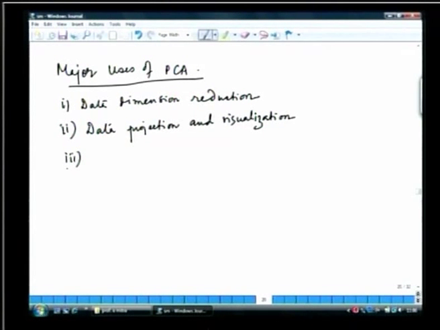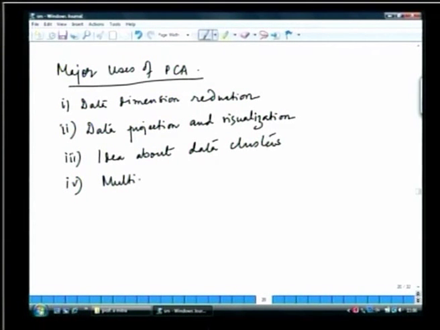The third one is that once we project the data, certain features of the data become apparent to us. We can see formation of data clusters, the various groupings of the data. And of course, if we can project the data in a two-dimensional plane, we can also see if there is any outlier present in the data.